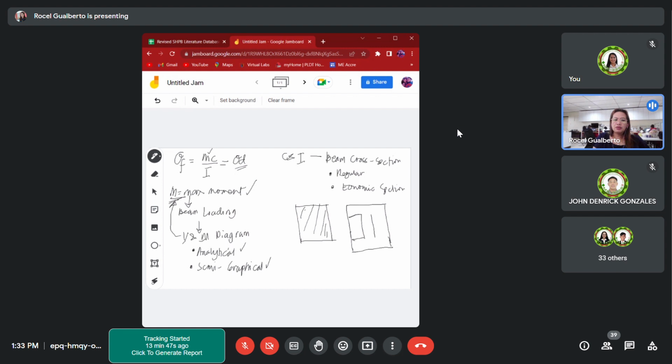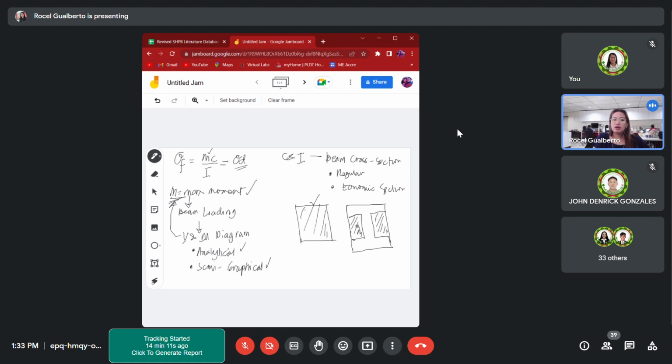Say, may kinat po tayo na portion. Inalis po natin yung portion na yan. Yung shaded region, yan po yung inalis natin. So, ano po ang natira? It is simply a letter I. So, this letter I, this is called your I-section. But originally, yung analysis niya nanggaling dito sa rectangular.